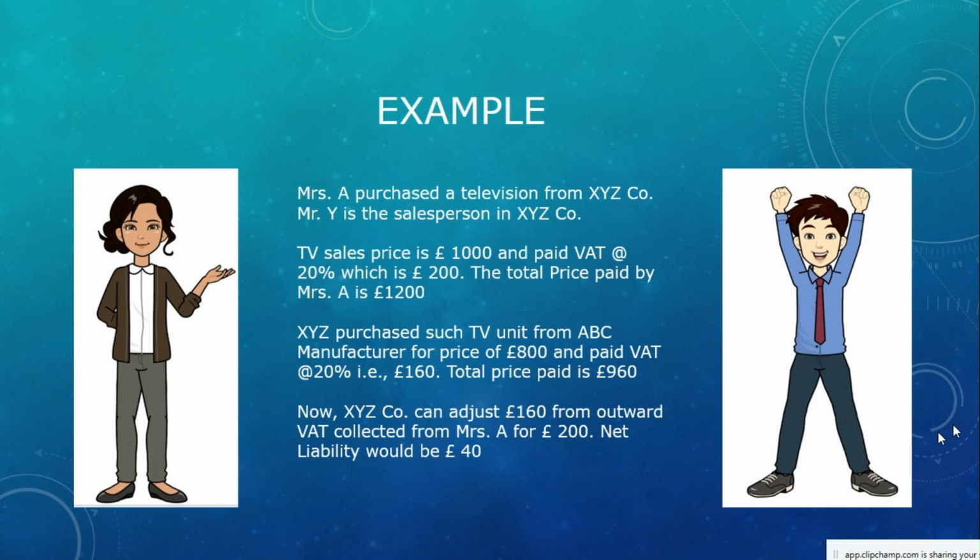So you can see £160 is the VAT amount which they paid to the manufacturer, and £200 is the amount which they collected from Mrs. A. So the net VAT they are required to pay is £40.